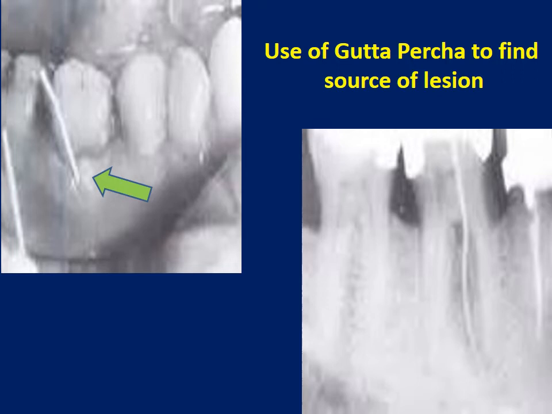Here you can see a very big periodontal lesion that has extended to the apical part of the root. In this case, we start periodontally and analyze the vitality of the tooth by a vitality test. If the tooth is non-vital, we do endo treatment.